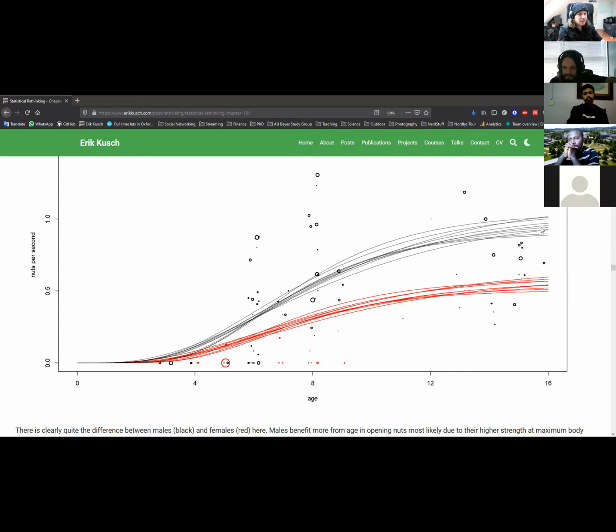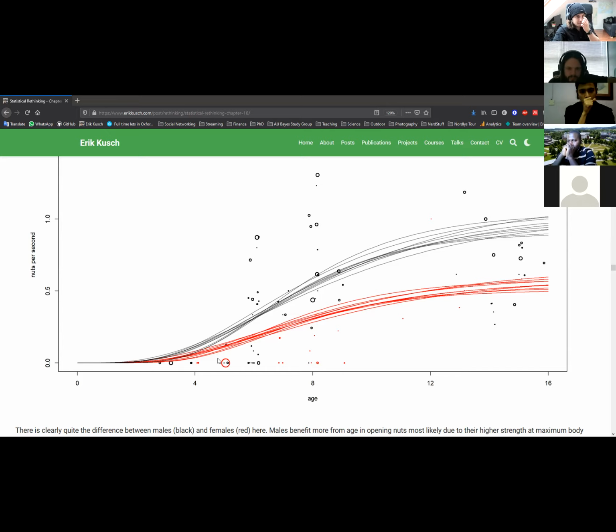Yeah. It's also valuable to point out that females haven't been observed very often and not for very long. So there are not a lot of red dots, and most of the red circles are very small, except for one. So this female right here was observed for a long time.